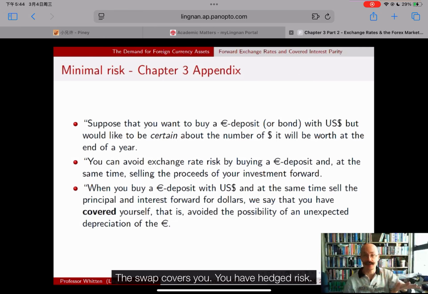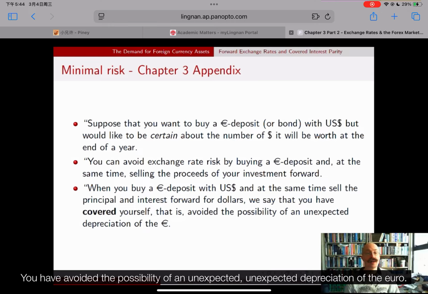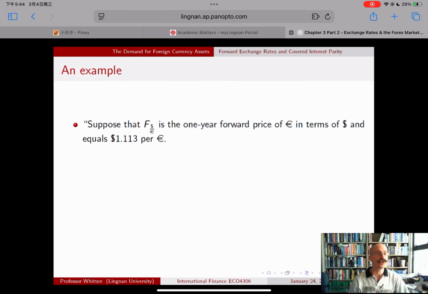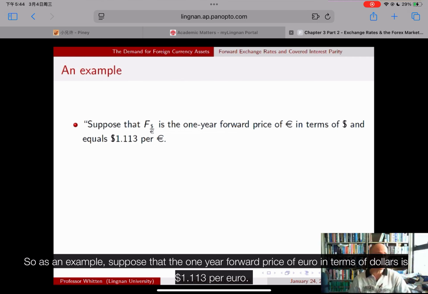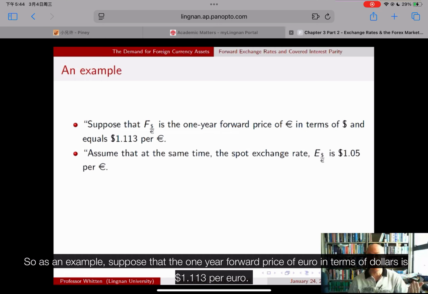The swap covers you, you have hedged risk, you have avoided the possibility of an unexpected depreciation of the euro. So as an example, suppose that the 1-year forward price of euro in terms of dollars is $1.113 per euro.